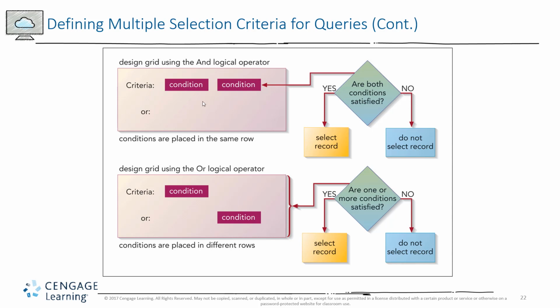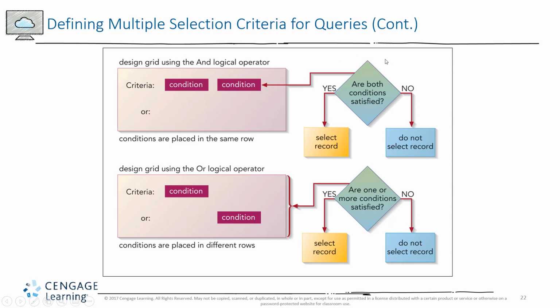Not any other color, but just those two things I need to check. Our criteria would be they have to be Converse and they have to be purple. They have to be both or they don't show up in my query or my selection.